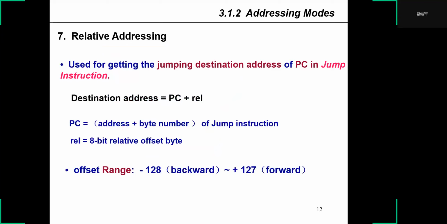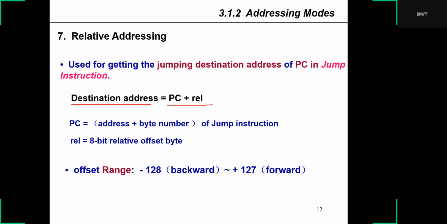Relative addressing is used for getting the jump destination address of PC in a jump instruction. The destination address is equal to the PC plus the relative offset.